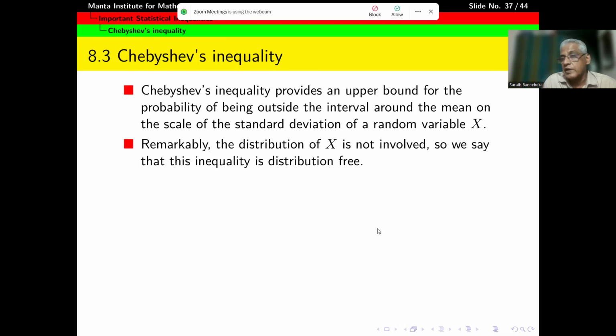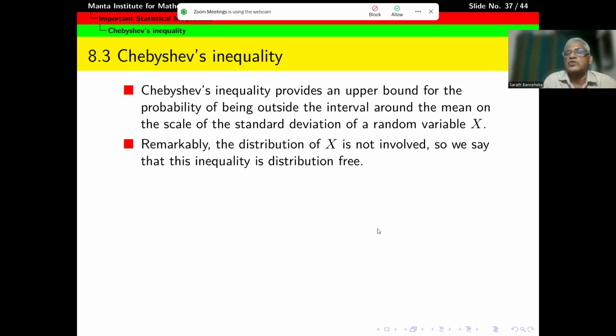One important thing is that this Chebyshev inequality is valid for any distribution. So it's actually a distribution-free inequality, as long as the random variable has finite mean and finite variance or finite standard deviation.